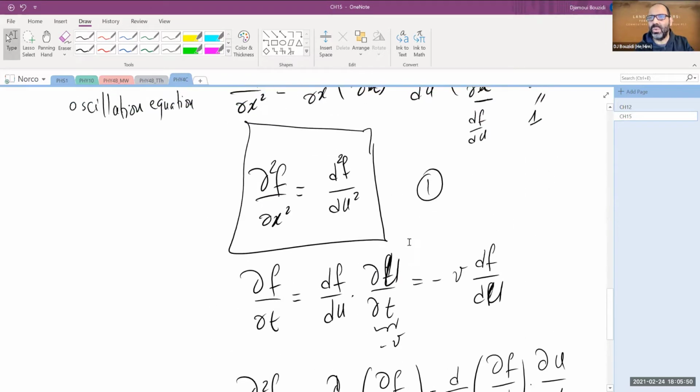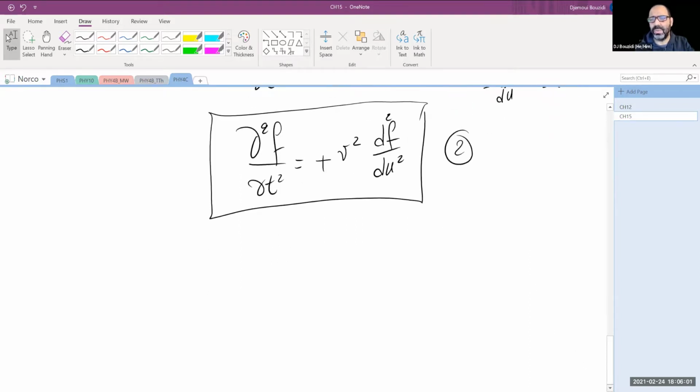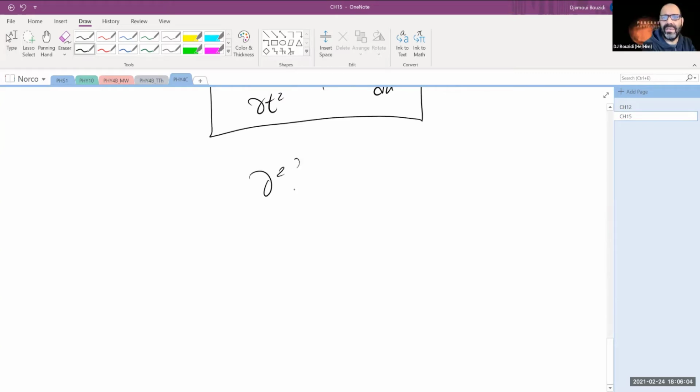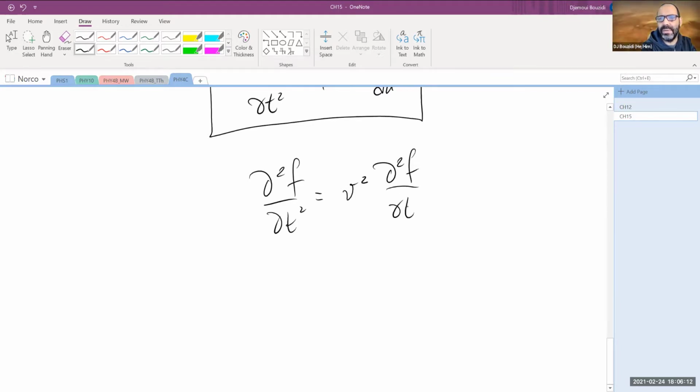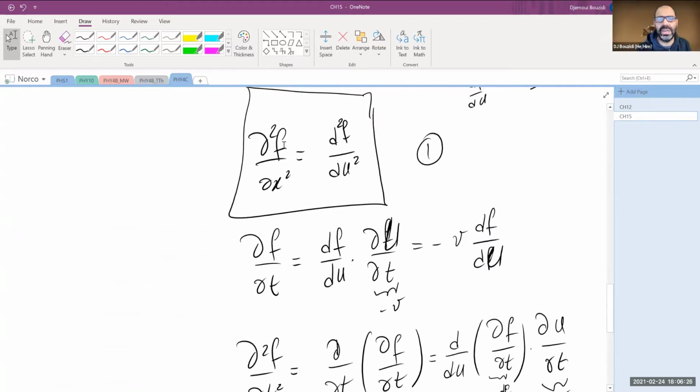That is the second equation. Okay, equation 2 and equation 1: the second derivative of f with respect to u is the same thing as the partial with respect to x. So what this equation then says is the following. If I ever encounter this situation where the second derivative of f with respect to t is some positive number times the second derivative of f with respect to x, because this term, the second derivative with respect to u, is the same thing as the partial second derivative with respect to x per equation 1.